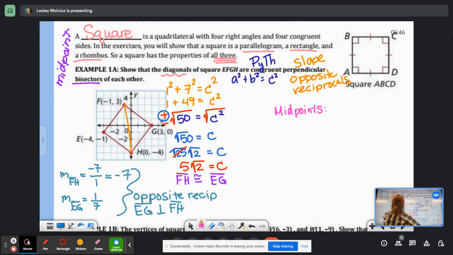For FH, I'm going to take negative 1 plus 0 over 2 and 3 plus negative 4 over 2. This is for FH.